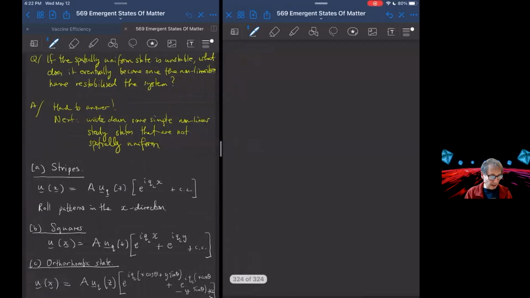Okay, so I'm not going to draw these things. I think they're fairly obvious. And I can rewrite the orthorhombic one in the following way.